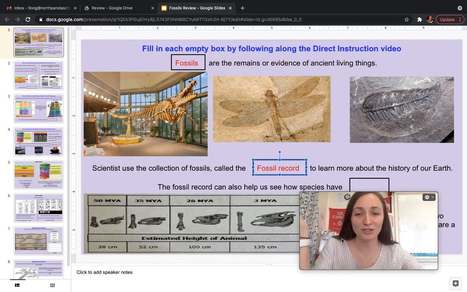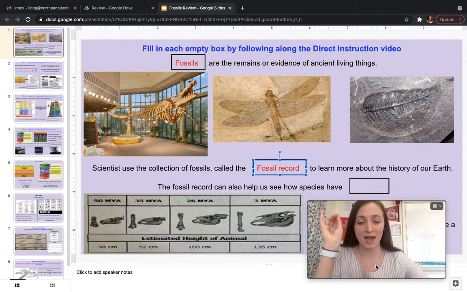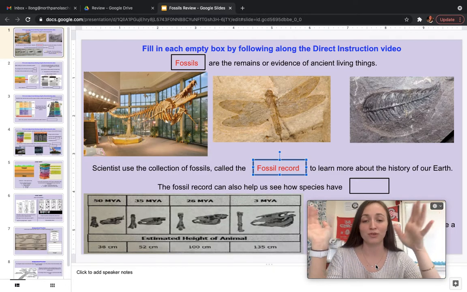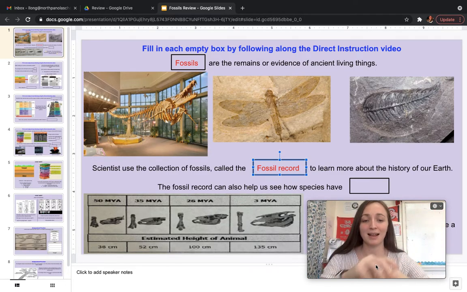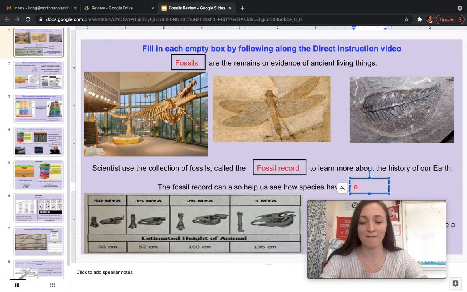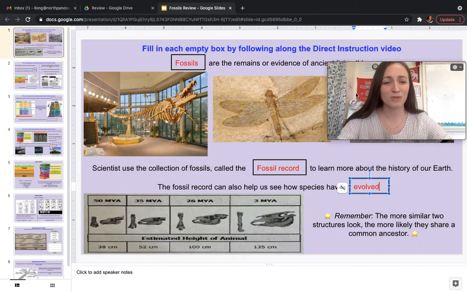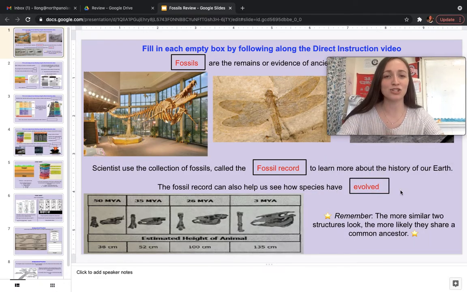Now, we can also use the fossil record to compare different fossils of the same species through different time periods, because that can help us see how that species may have evolved, right? So we remember that when something evolves, it changes.